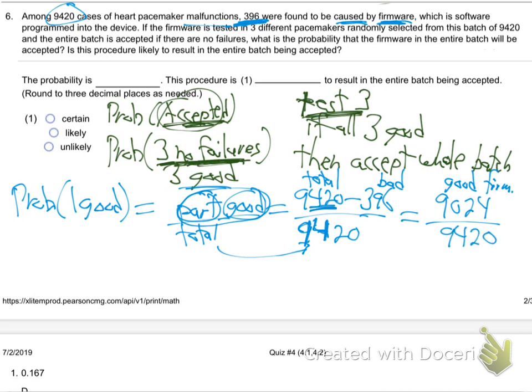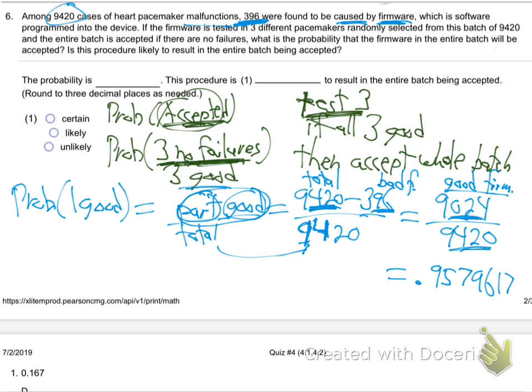Because there was 9,420 total, 396 had bad firmware. Subtract that, you get 9,024 that have good firmware, and 9,420 total pacemakers. So divide that in your calculator, and you get 0.9579617. I'll stop there.